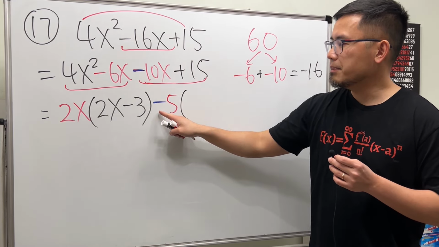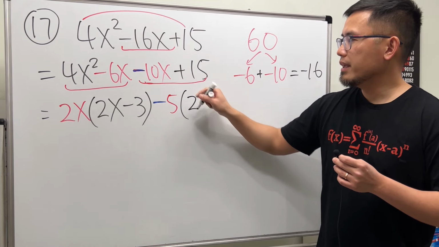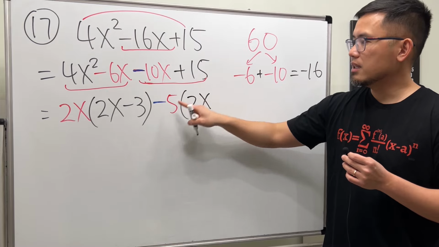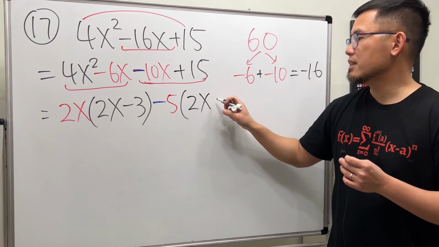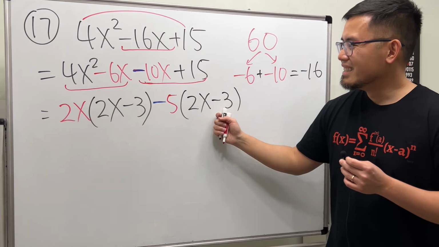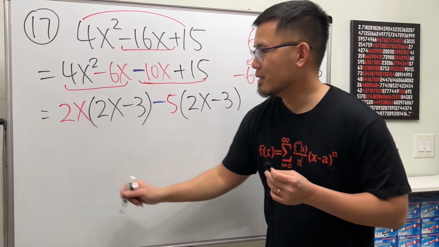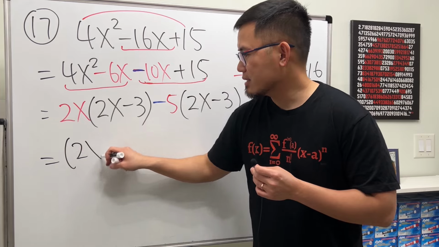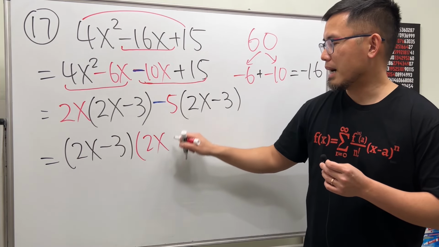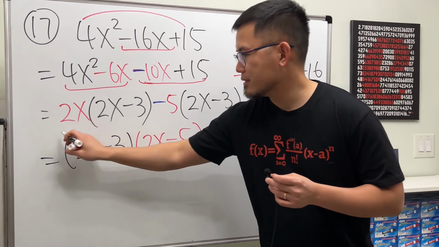Negative 10 divided by negative 5 is 2, and then we have the x right here. Positive 15 divided by negative 5 is negative 3. This is the correct way to do it. This and that, they are the same, so you can factor that out. 2x minus 3, and then we have that 2x minus 5.